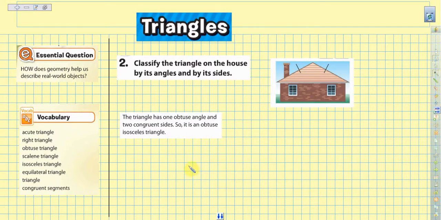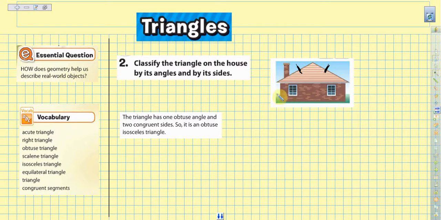Classify the triangle on the house by its angles and by its sides. So I look at the house, I see that I have a triangle here. I also see that I have two sides right here that are equal. They put these marks in here to show, hey, these two are equal.